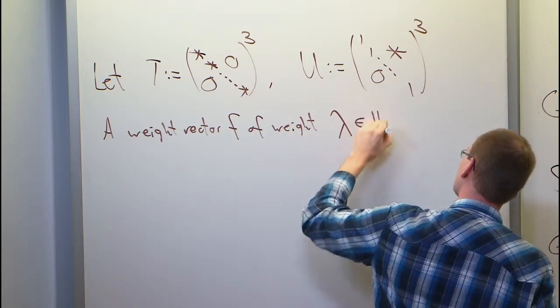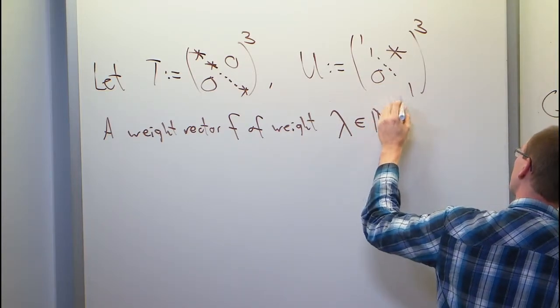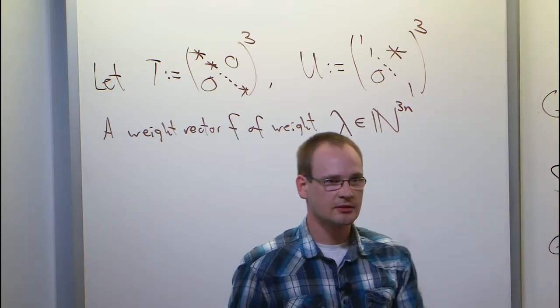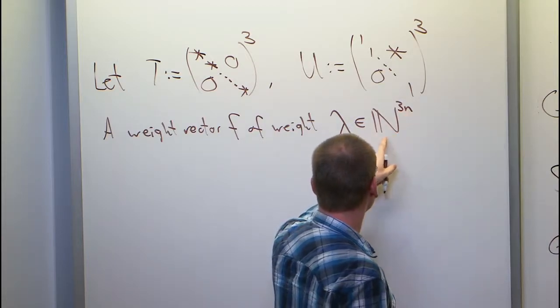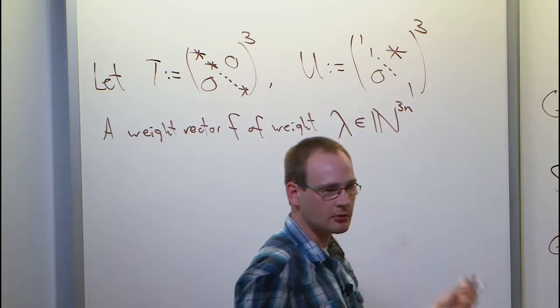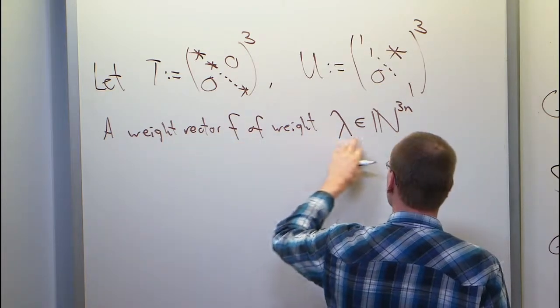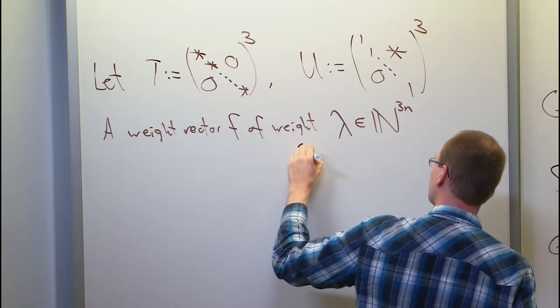I want to write lambda as three partitions, but I just want to see this as just some numbers, 3n numbers. It's just three partitions concatenated. So lambda is a tuple of partitions.